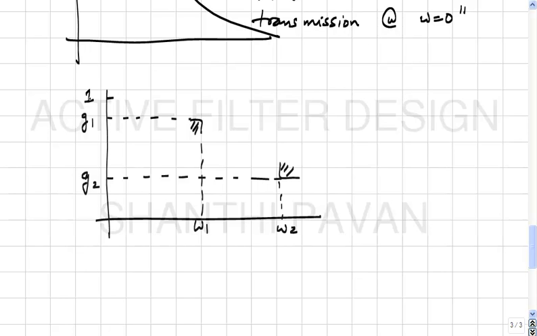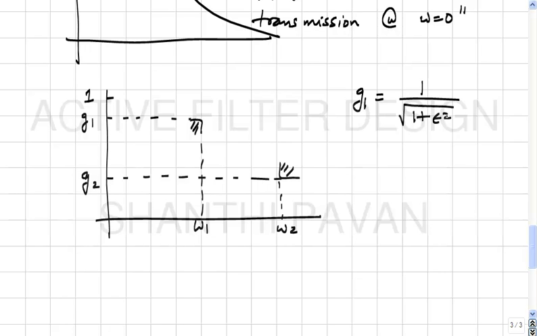Now, what is the smartest way of choosing epsilon for a Chebyshev? We know that you can do best with the order when you allow as much ripple as possible. Clearly, you can make use of the entire width of the band, so 1 to G1 for the ripple. Therefore, you choose epsilon such that G1 is 1 by 1 plus epsilon square. Is this clear?